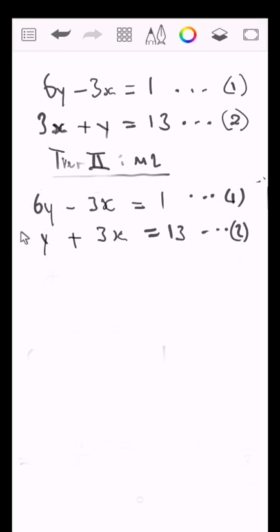What we have to do is we need to multiply the second equation with 6 so that the coefficient of y in the second equation becomes 6, similar to the coefficient of the first equation, which is also 6. So doing so, 6 times y, that's 6y, plus 6 times 3x, that's 18x, it's equal to 6 times 13, it's 78.